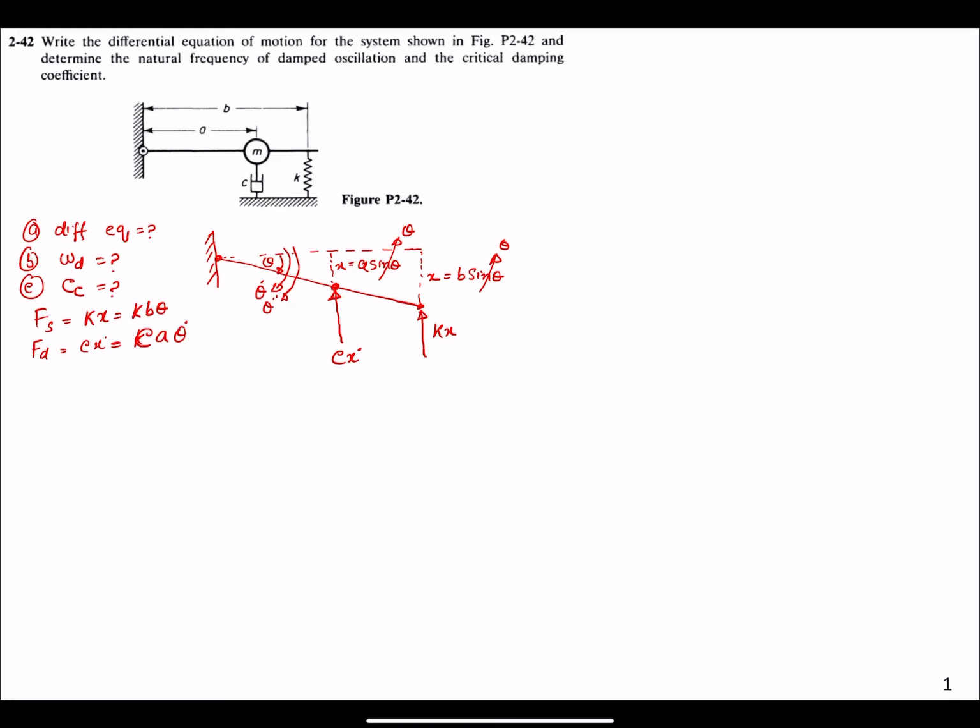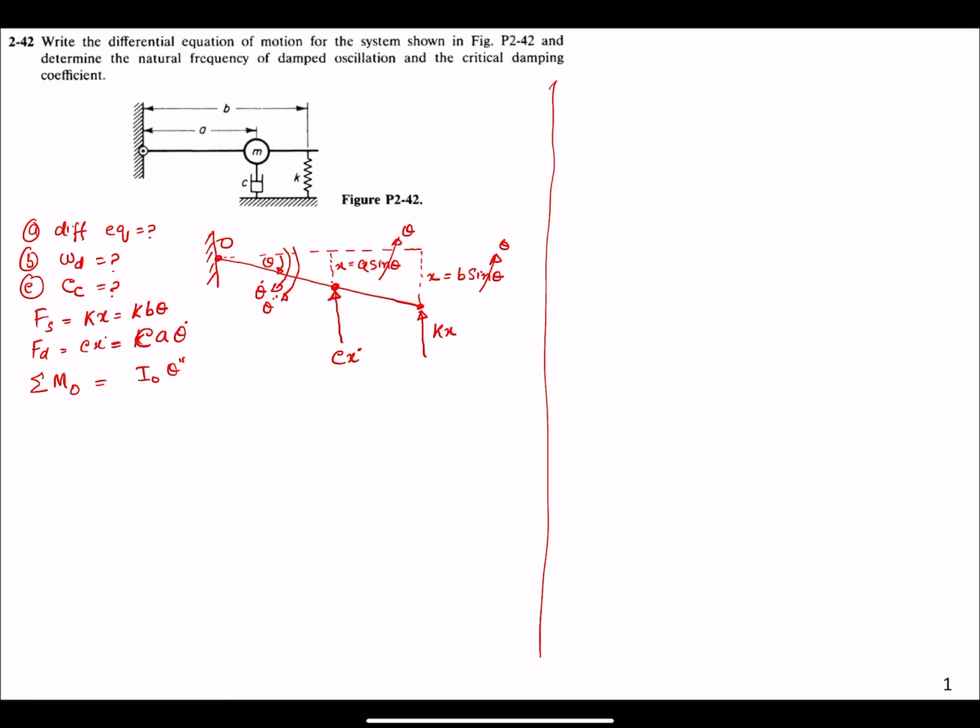Now we can write the equation of motion by using Newton's second law, that is the summation of all the forces equals ma. So in rotary motion we write the summation of all the moments about O equals I naught theta double dot. Now we have two forces here, c x dot and kx, and the direction of the moments which these forces create is opposite to theta double dot.